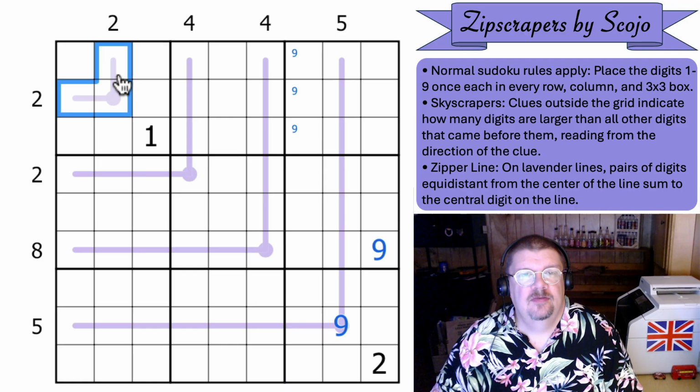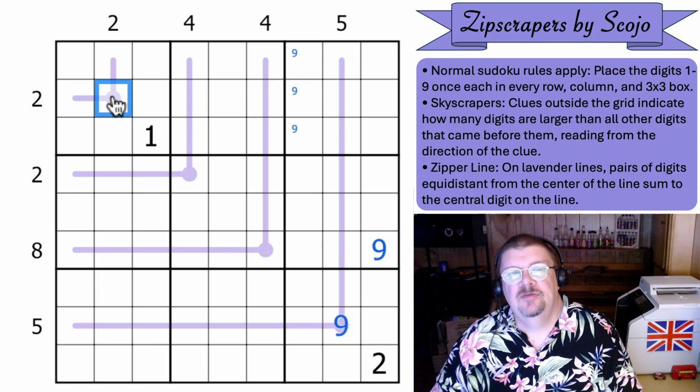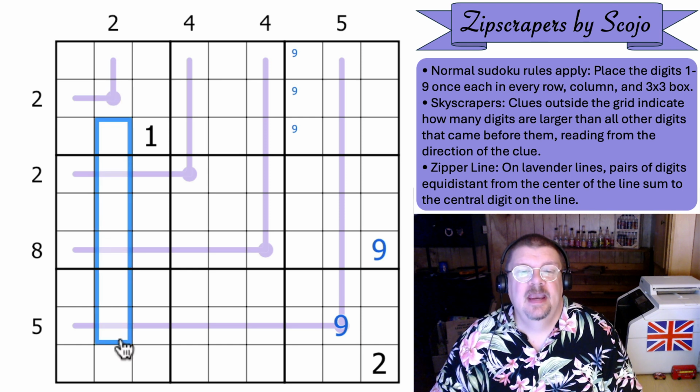Okay, this is very clever indeed. This digit must be bigger than this digit, because this digit is the sum of this one and this one. Therefore, this 2 clue will see this digit and may not see any other digit.